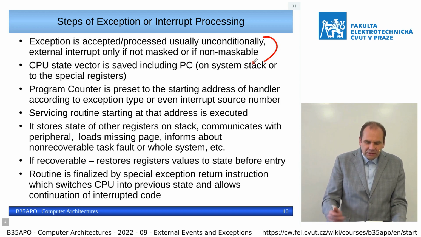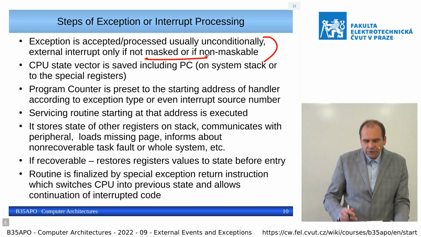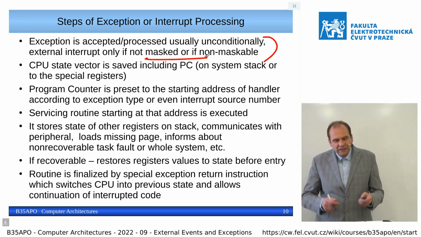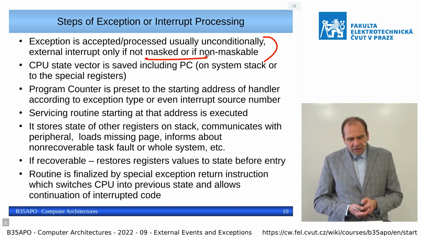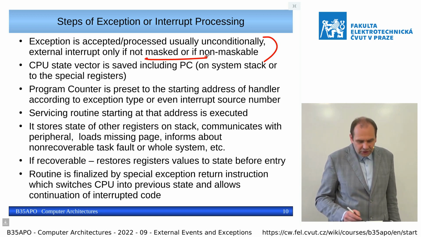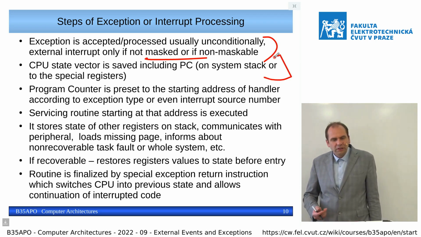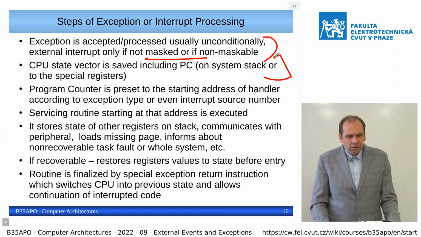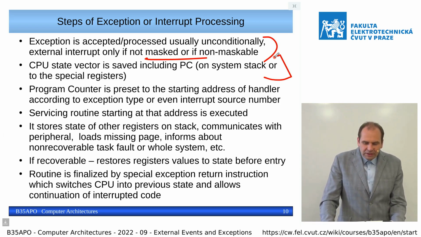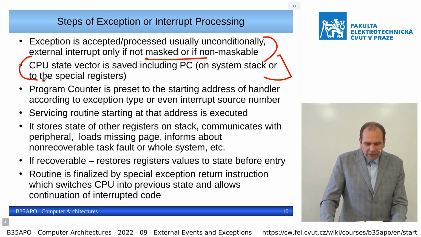Then there are those external interrupts and those which are not masked, then they ask for the interrupt on the border between the instructions. And the first step is that we need somehow to store the CPU state vector somewhere to be able to continue on the interrupted task. So the first thing is that we need to somehow store the state.